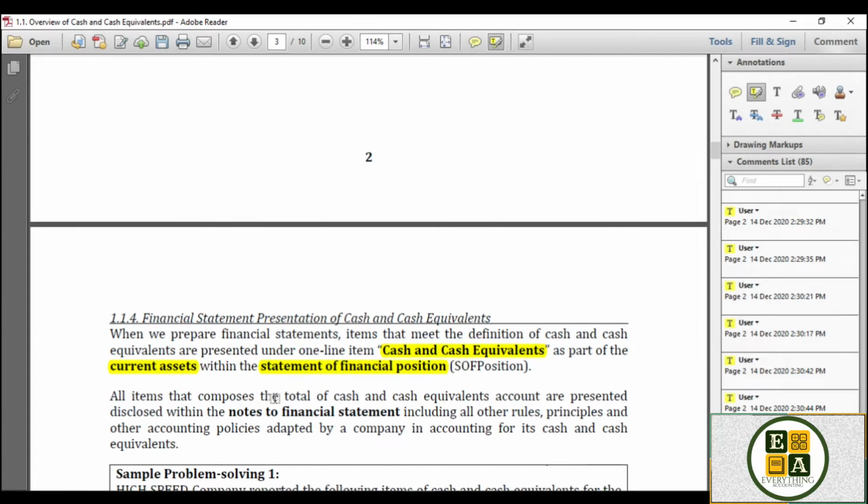But the items that compose the total are presented as disclosure in the notes to financial statements, including the rules, principles, and other accounting policies adopted by the company in accounting for its cash and cash equivalents.